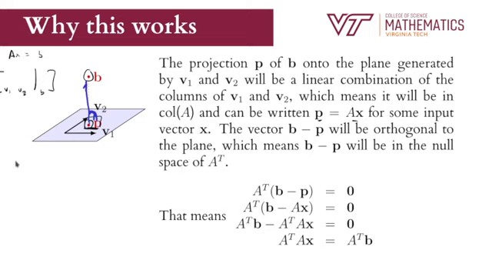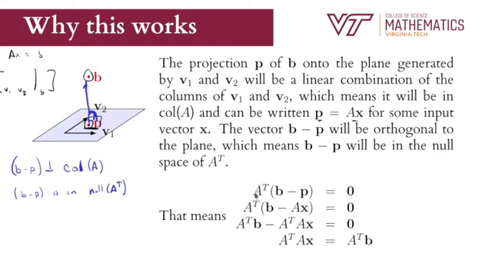So this is a little tricky. This says that the vector that goes from B to P is orthogonal to the column space of A. But we saw back in chapter 4 that the set of vectors that's orthogonal to the column space of A is the null space of A transpose.